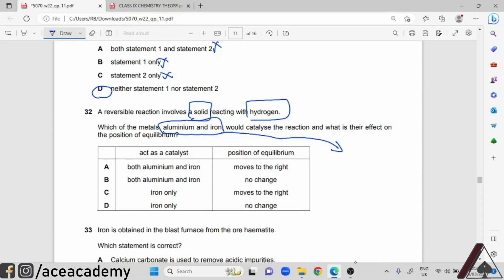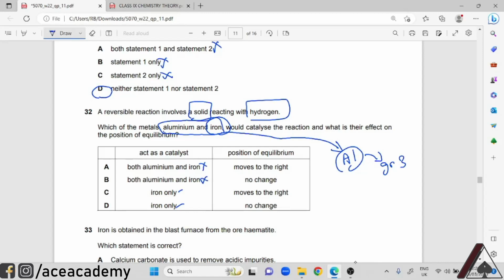But the catch over here is that aluminium is in group 3, and we know that only transition metals and their compounds can be used as catalysts. As a result, iron can be used as a catalyst but not aluminium. So neither option A nor B is correct.